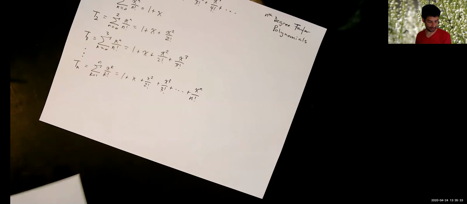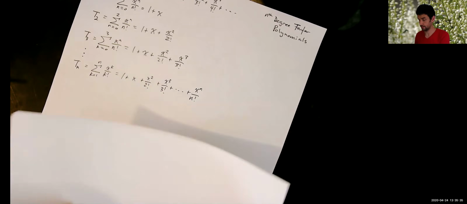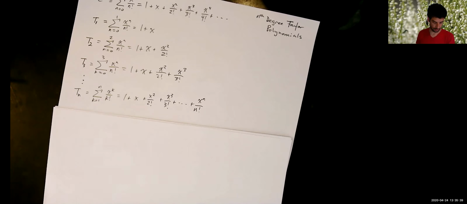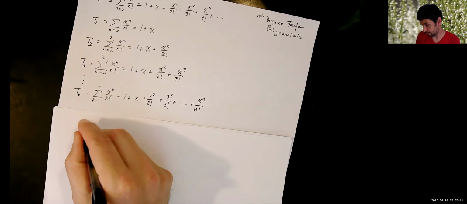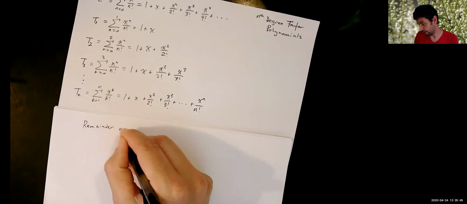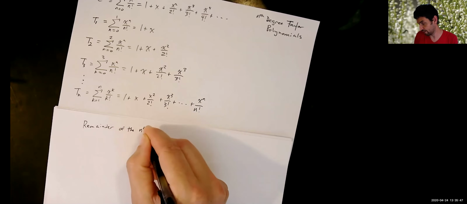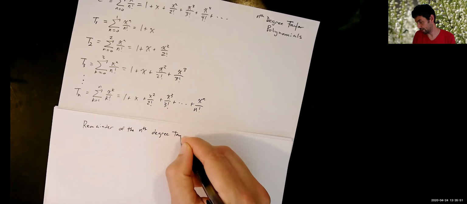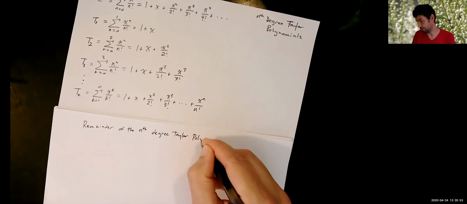We're going to define something that we'll call the remainder. The remainder, or more specifically, the remainder of the nth degree Taylor polynomial.